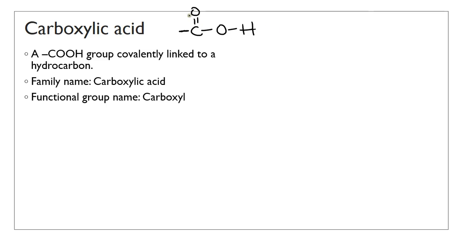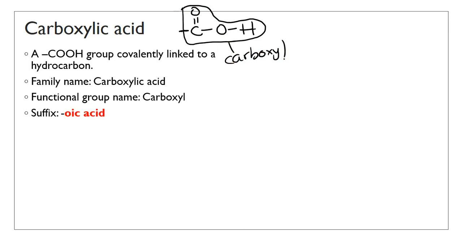So this particular structure is not called a carboxylic acid, it's called a carboxyl. I don't know why I didn't come up with these notations. Okay, it has a suffix because it's no longer an alkene, alkane, or alkyl. So the suffix for carboxylic acid is oic acid.